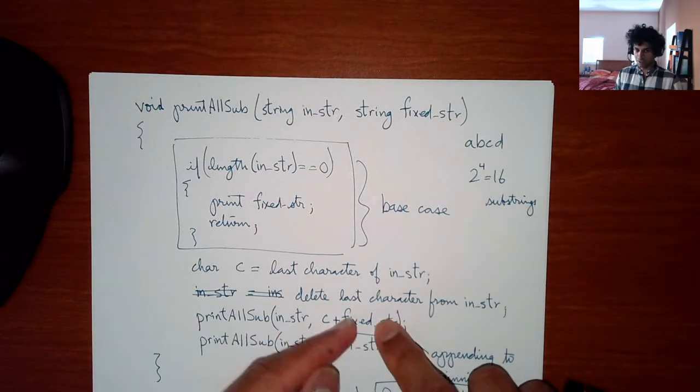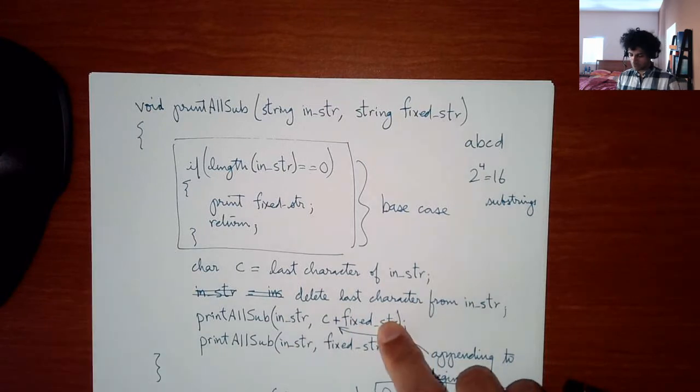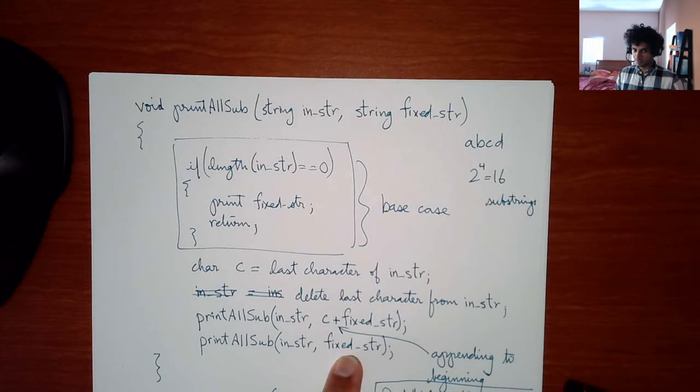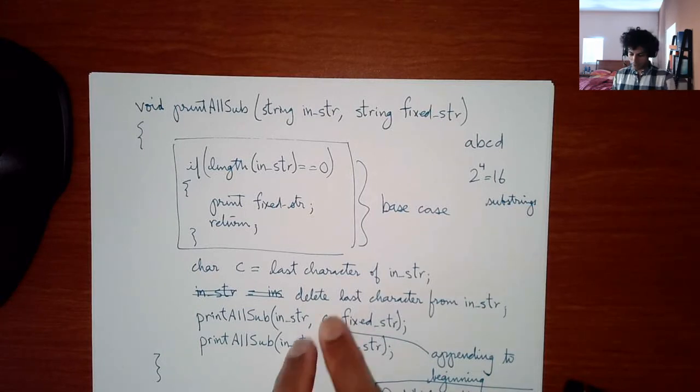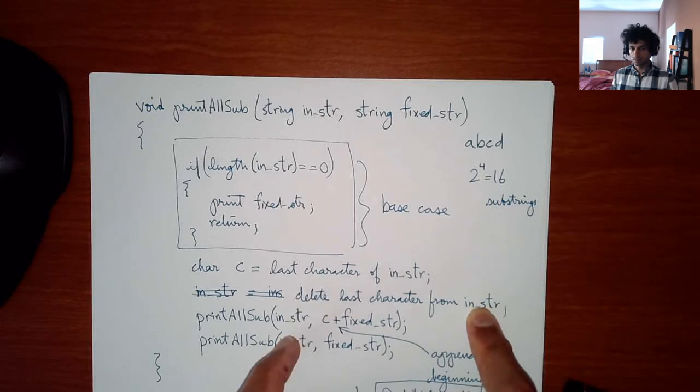These are local variables at this point, so the recursive calls are not changing them. The second recursive call still has fixed with one character, and the input string is all of the input, well, input minus the last character, because you delete the last character. Oh, that's what I was thinking, because if you don't delete it, it's just going to go into... so you're always deleting.